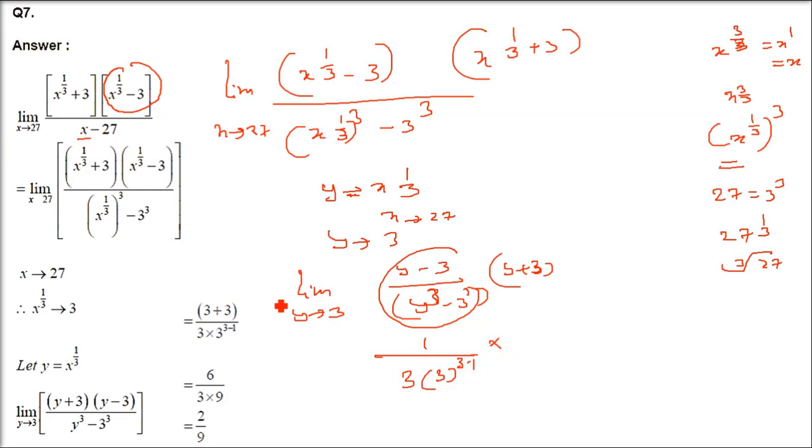And then we have this y plus 3. Now just put y as 3. You can take it separately also, and we'll use the direct substitution here, because it is not affecting anything. So 3 plus 3 is 6. So we have 6 divided by 3 raised to 3 minus 1, which is 3 square. So 6 by 9, since 3 square is 9, which gives 2 by 3.